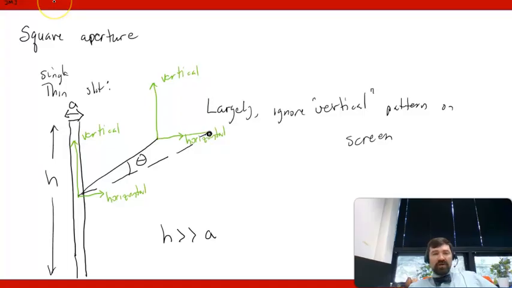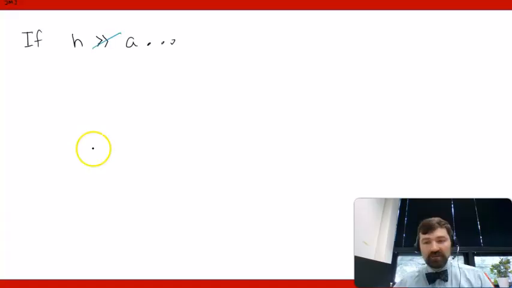So for a square or even just a general rectangular aperture, basically what we do is we do away with this assumption that this height is very, very large compared to this width. We basically say, well, what if h is not many times greater than a? And the answer is actually fairly simple.